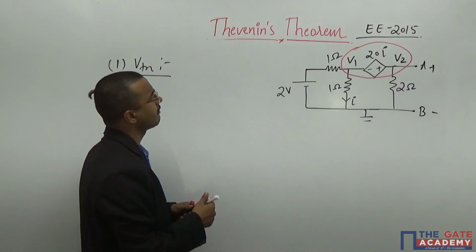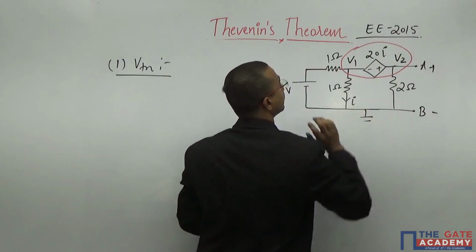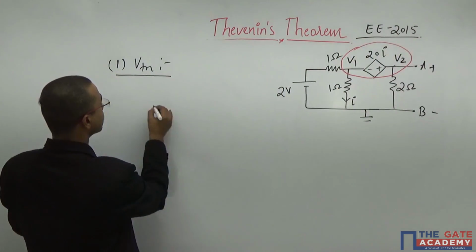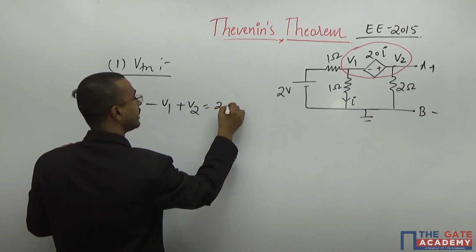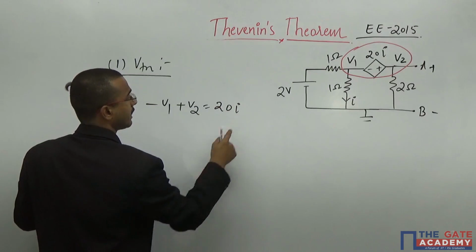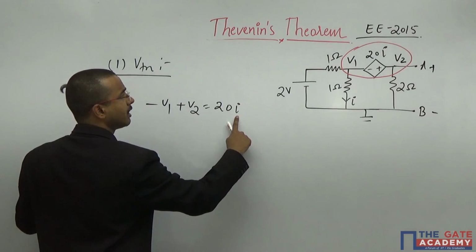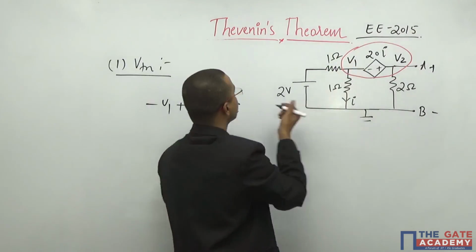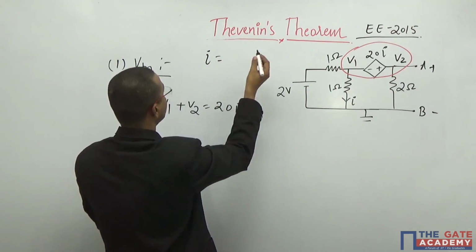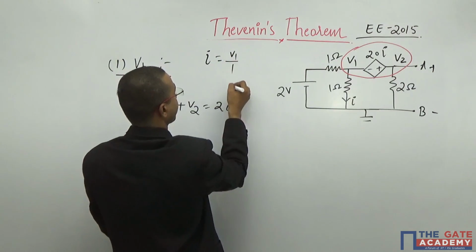Now, one equation I will get from inside of the super node. That means I will get something like this: minus V1 plus V2 is equal to 20I. But this I is my independent variable, and what is my independent variable? This. That means my I is equal to V1 by 1.